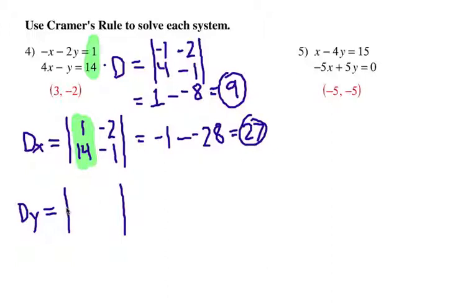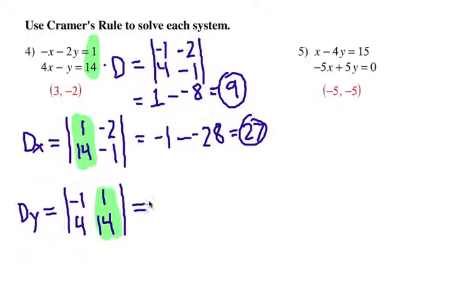All right, what is the dy matrix 2x2 that we have to take the determinant of? Well, the x coefficients are going to be the same, negative 1 and 4, but the constant coefficients get substituted in where the y ones are. So it's going to be a 1 and a 14.